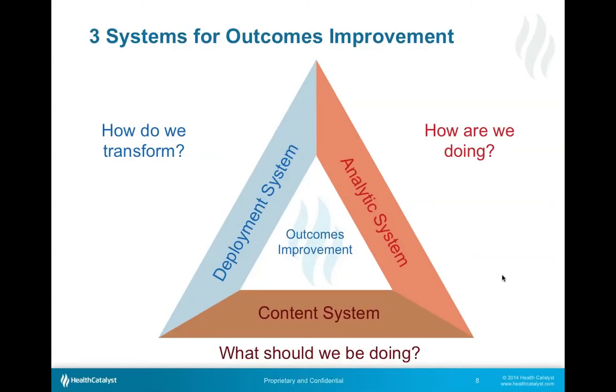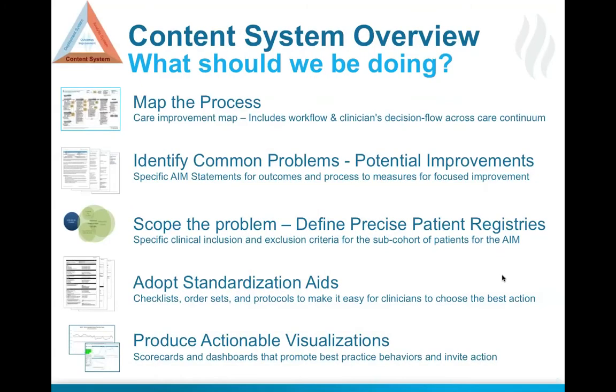So we're going to chat about each of these areas in a little bit more detail. I'm going to give you a quick overview of each of those areas and what we mean, starting with the content system. If we think about what we should be doing, we need to start with thinking about the entire continuum of care. And we call this a care improvement map.